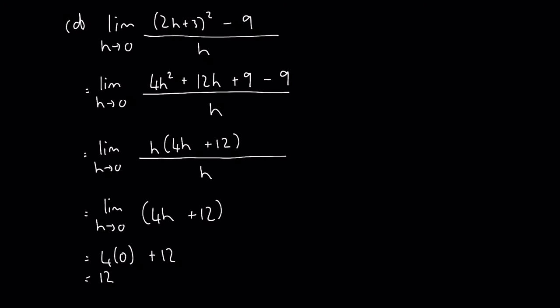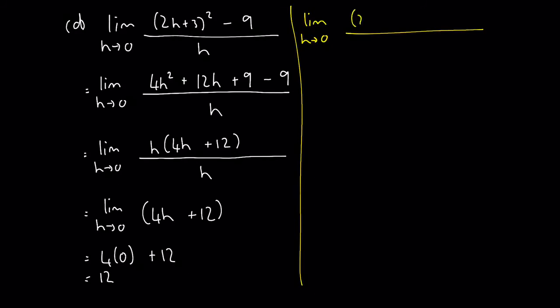But I did say that there's another alternative to solving this one. And that's to recognize that, in fact, the expression that you have in the numerator is a difference of two squares. So this 2h plus 3 all squared minus 9 over h is a difference of two squares. So we can factorize that as such.